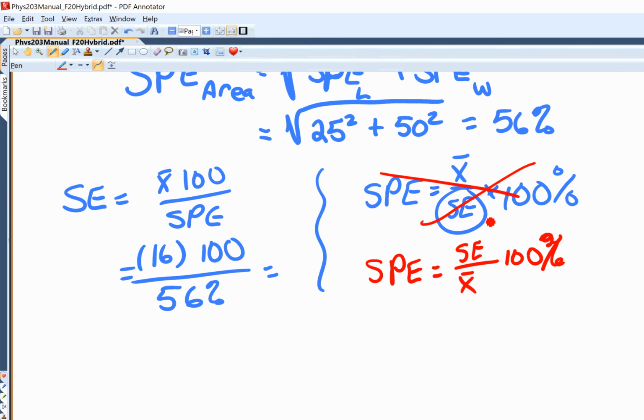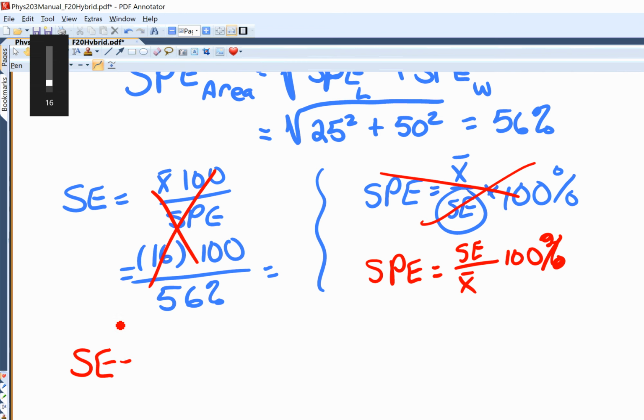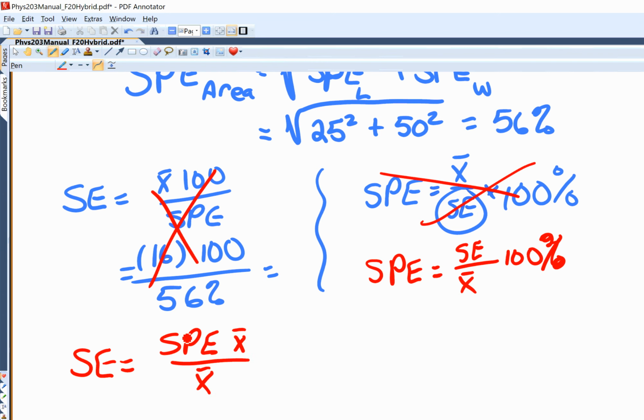So to correct this, now that I know the standard percent error, my standard error is going to be SPE times X bar divided by 100.